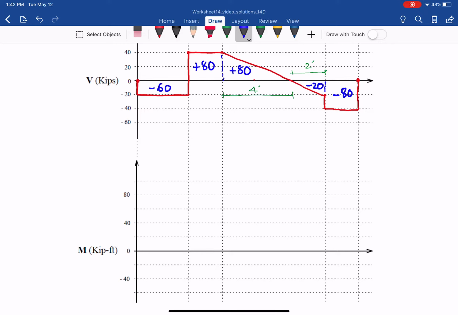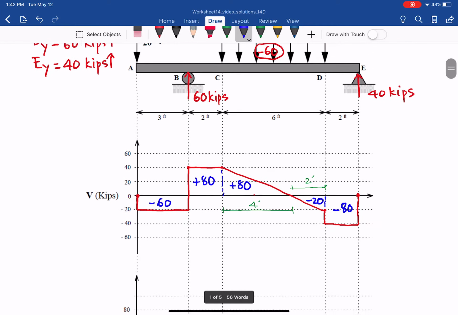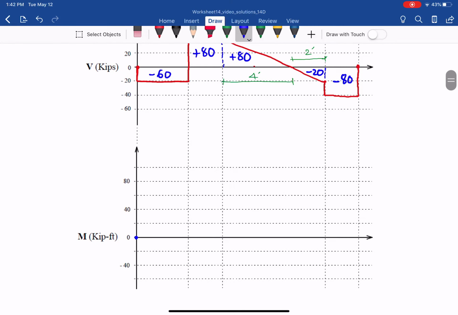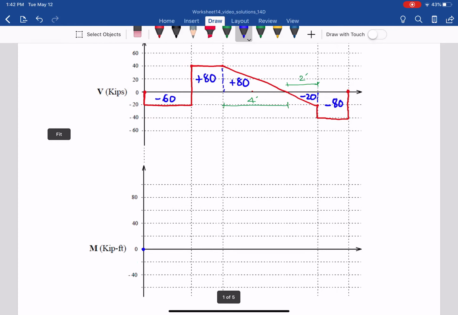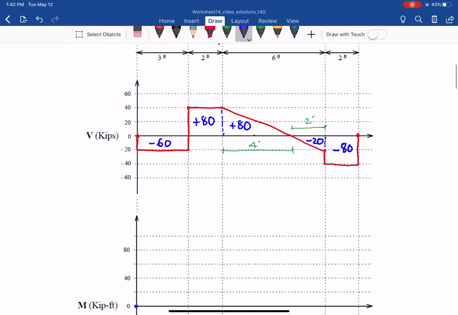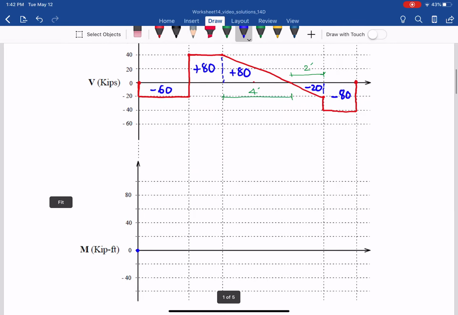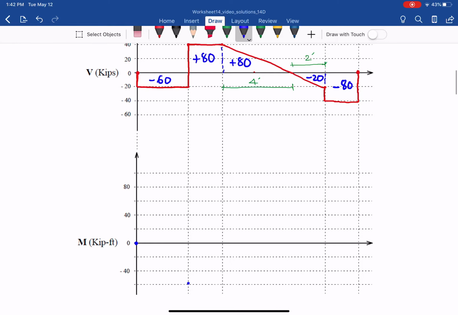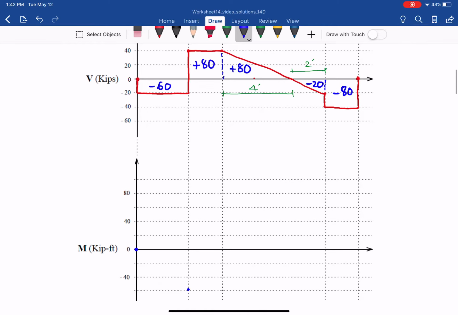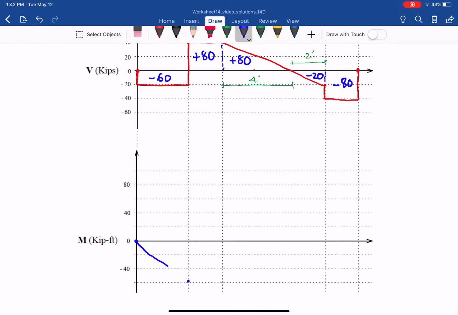Now the moment diagram. Start from the left, always starting at 0. There is no couple between A and B, so the change in moment equals the area under the shear curve. The area under the shear curve between A and B is negative 60, so we have negative 60 down here. And there is no distributed load between A and B, so it will be a straight line.